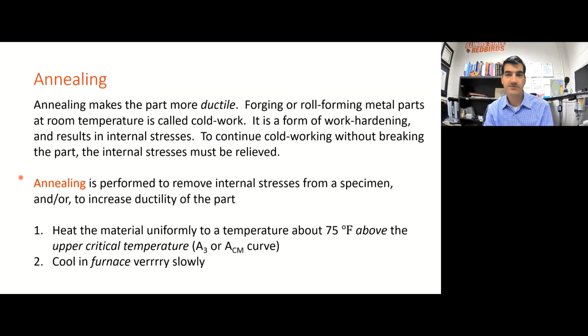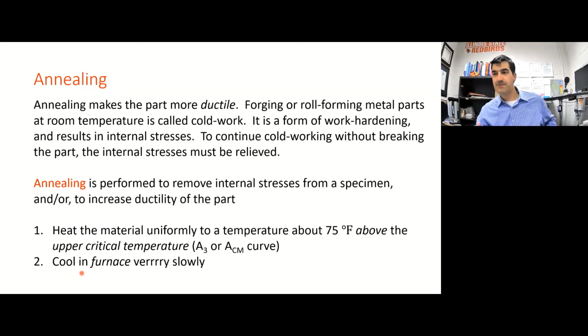Generally, for most people, the best way to do that is to take the specimen, put it in the furnace, and then heat it up to this temperature right here. And then the best way to do step 2, leave your specimen in the furnace and just turn the furnace off. Don't take it out of the furnace, just leave it in there.